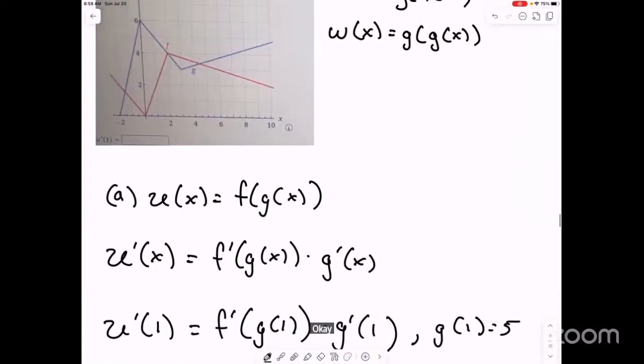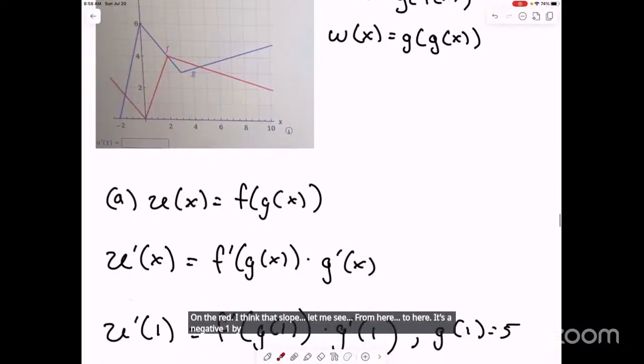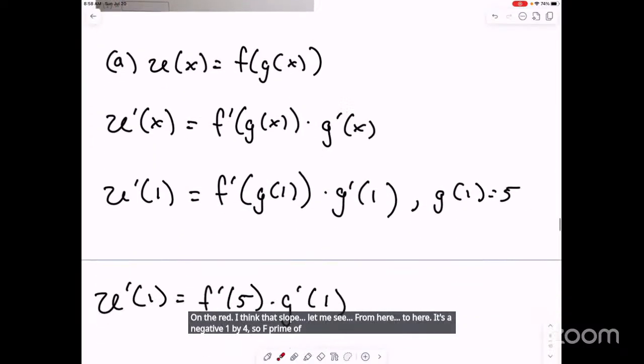Okay. So when x is 5, our f, which is the red, so we want the slope of the tangent line when x is 5 on the red. I think that slope, from here to here, is a negative 1 by 4. So f prime of 5 is a negative 1 by 4.